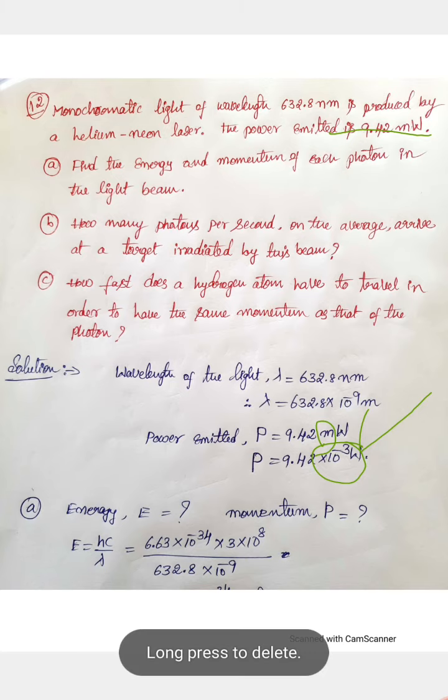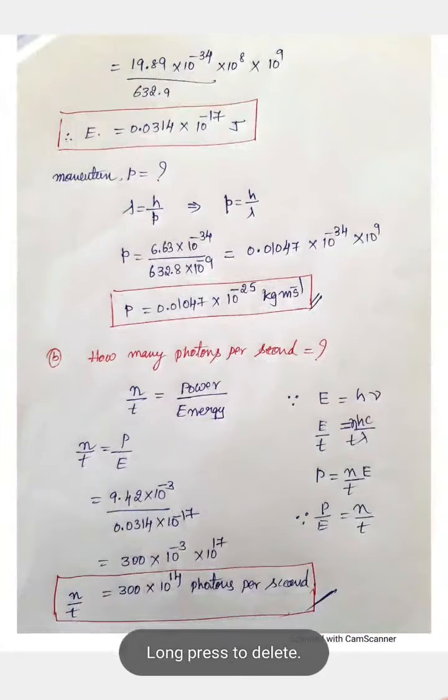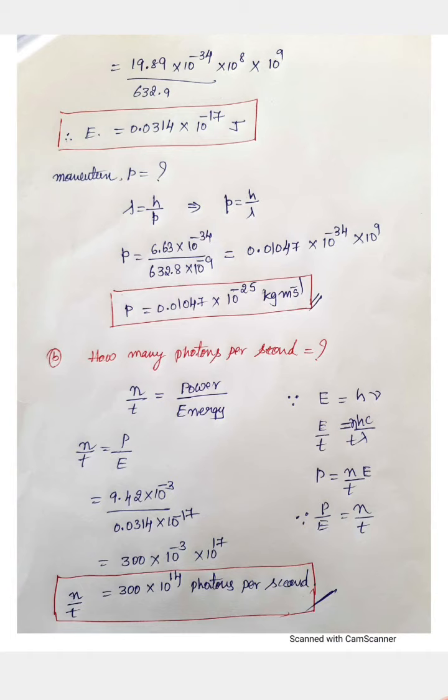Now here power value, substitute that power value, that is 9.42 into 10 to the power minus 3, and energy value 0.0314 into 10 to the power minus 17. Now simplify this numerator and denominator value, that is 9.42 divided by 0.0314. You will get nearly 300.